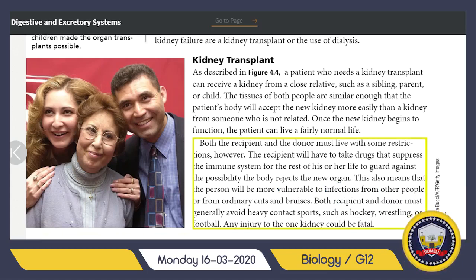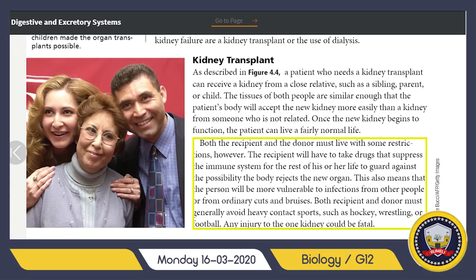Now, both recipient and donor must generally avoid heavy contact sports, like violent sports, of course, like hockey, wrestling, boxing, football. Any injury to the one kidney that is left could be fatal.